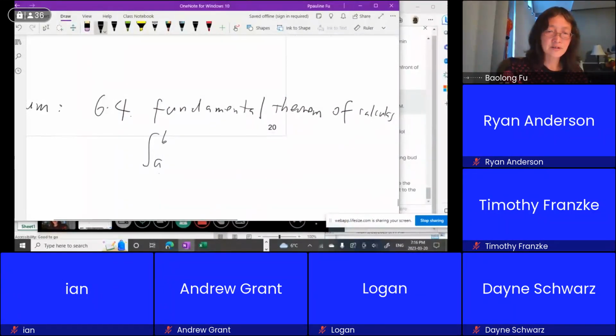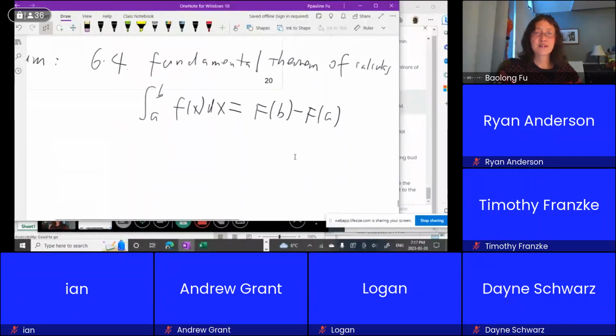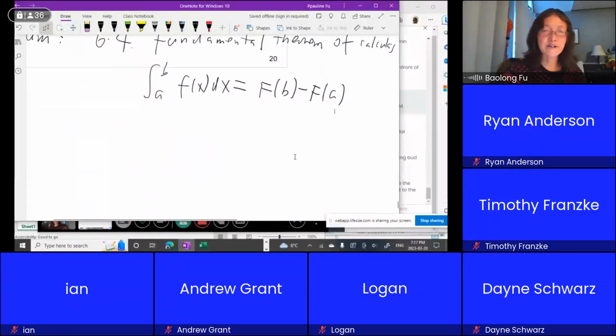The integral of f(x) dx is the antiderivative function F. The relationship between capital F and small f is this.